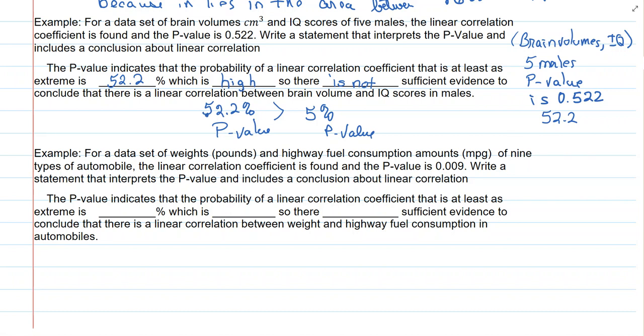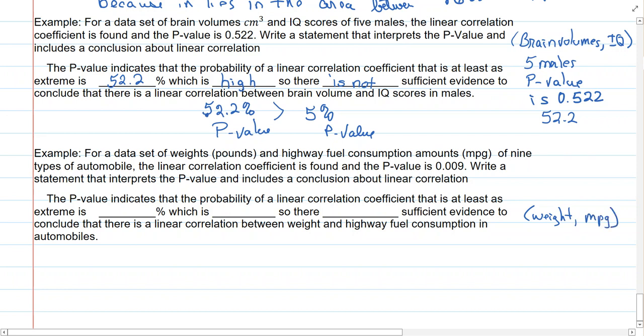Okay, here's the last one that we're going to do. For the data set of weights in pounds and highway fuel consumption in MPG, there are paired data, fuel consumption amounts of 9 types of automobiles.